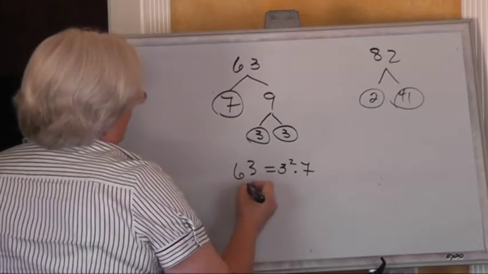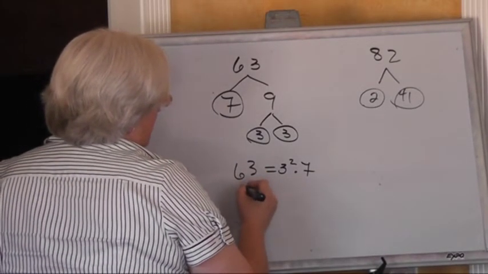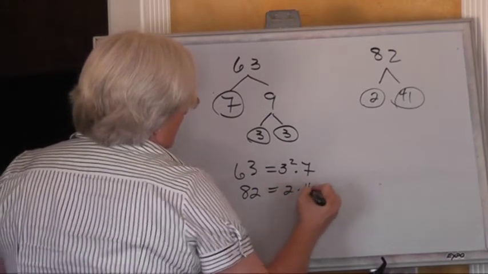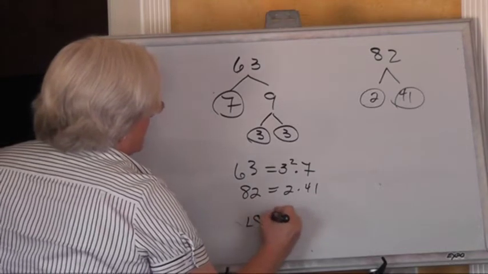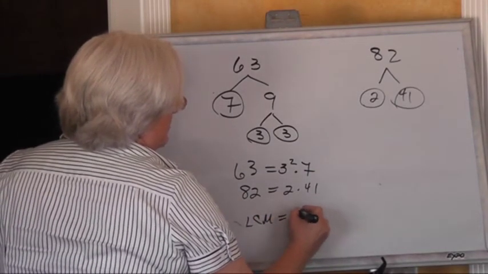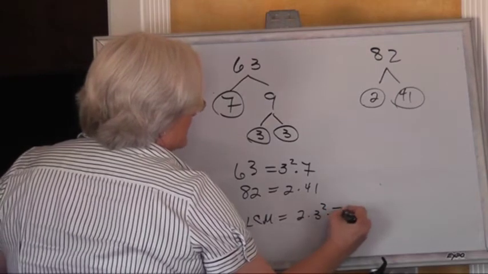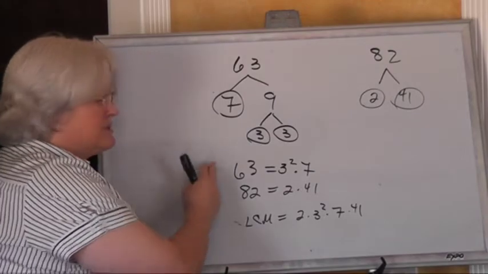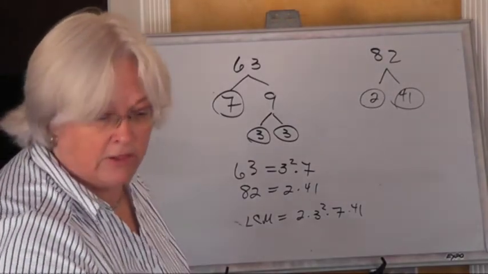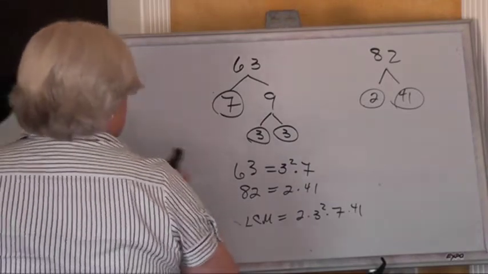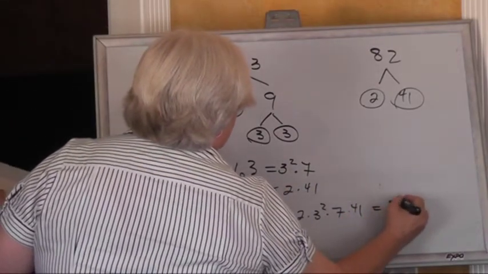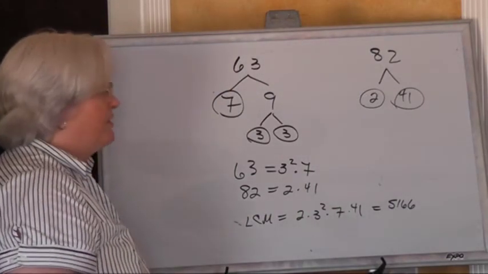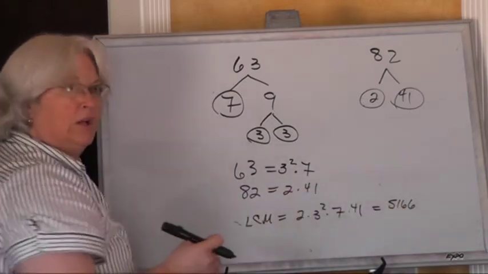So we are going to have a very large least common multiple. 82, written as a product of primes, is 2 times 41. So the least common multiple of those two is 2 times 3 squared times 7 times 41, which means these two numbers multiplied together, which is 5,166. Sometimes your least common multiple is fairly small, sometimes it's fairly large.